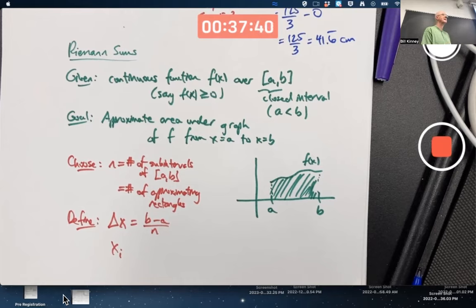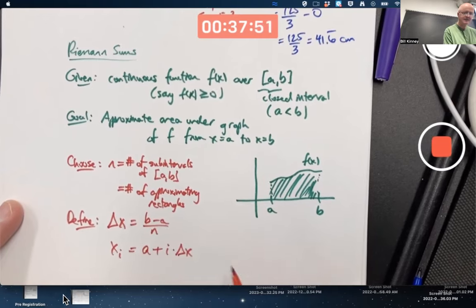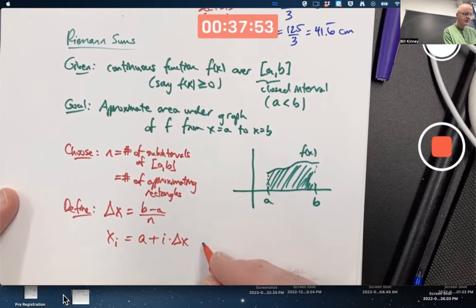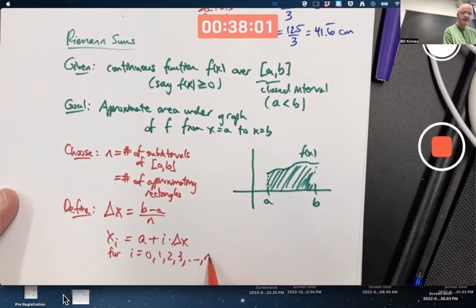You could also think of them as just endpoints of the subintervals. The formula for x sub i is a plus i times delta x. You use this formula for i equals 0, 1, 2, 3 through the number n.